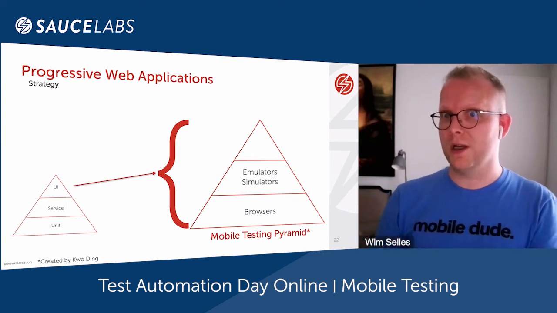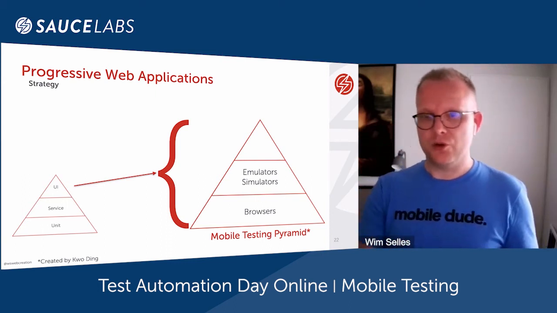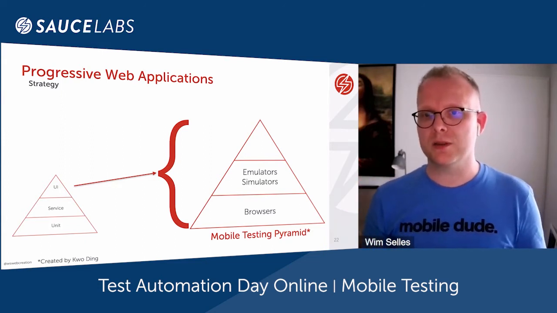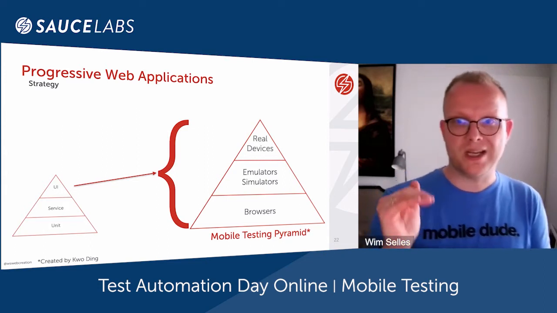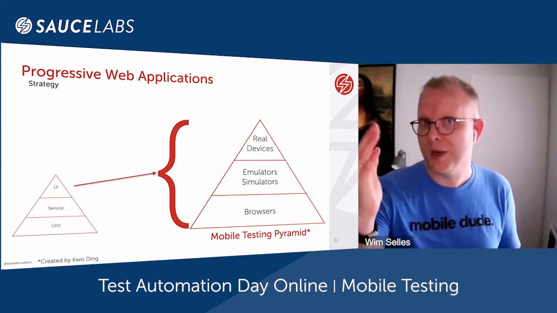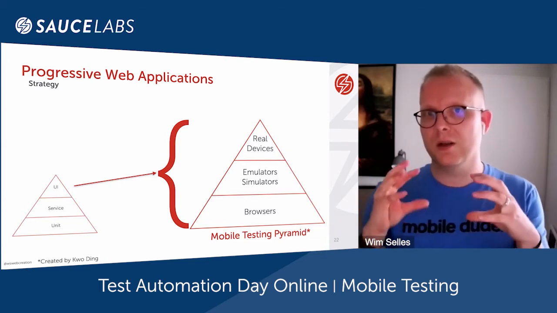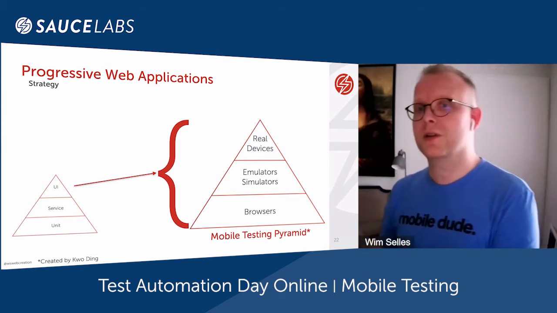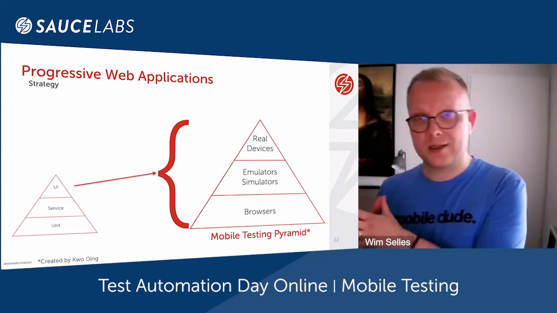So you can already look into situations that you cannot test on browsers, but you might be able to test and cover in the emulator and simulator part. And then last but not least, also the real devices. What you cannot test on emulators you might be able to test on real devices. So let's take a look at all those layers and see the pros, see the cons, and also what you can do for PWAs when you're at that specific layer.